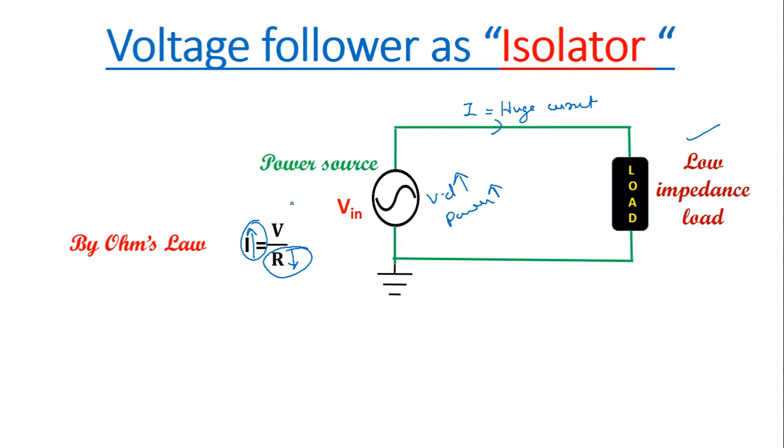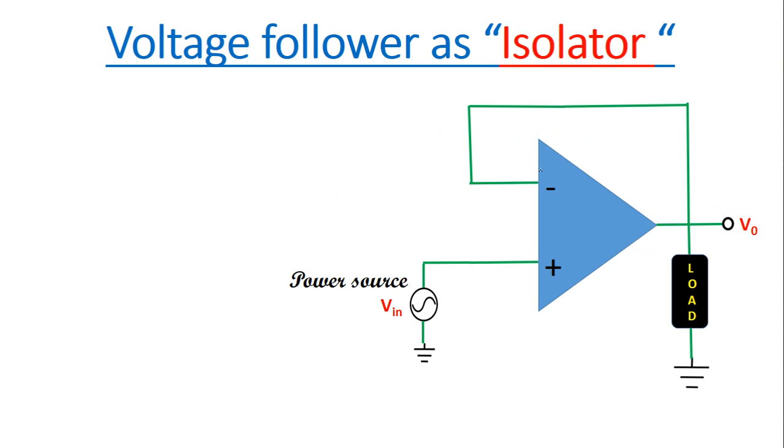Now let us connect one voltage follower circuit in between this power source and the low impedance load, like this. We have connected a voltage follower circuit in between the power source and this low impedance load. Now we know that the input impedance of this voltage follower circuit is very high.